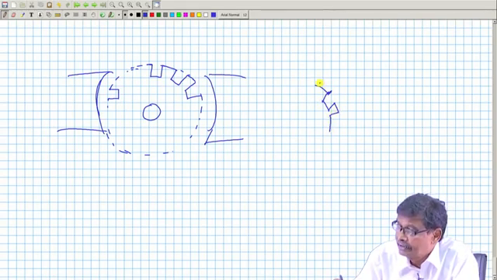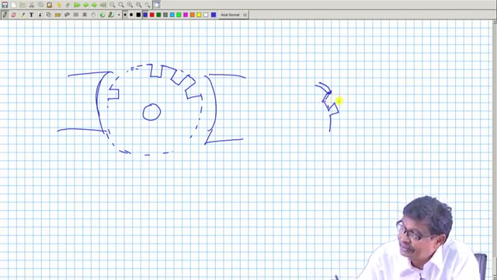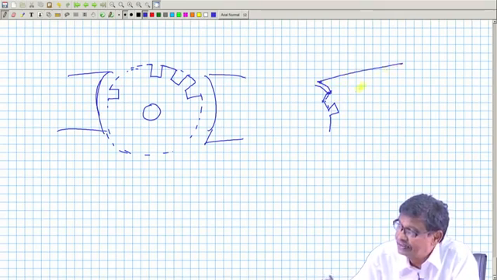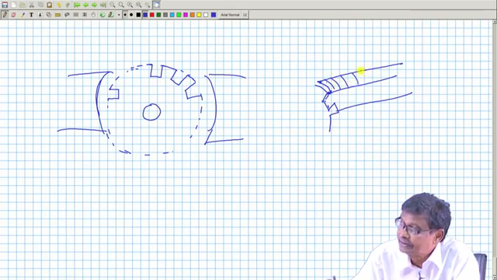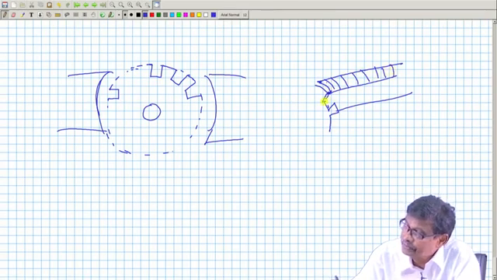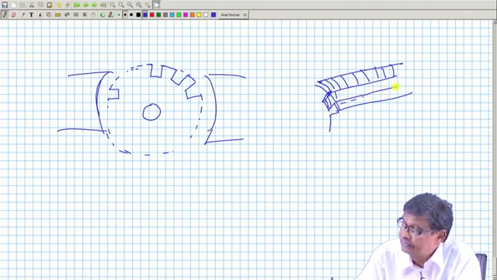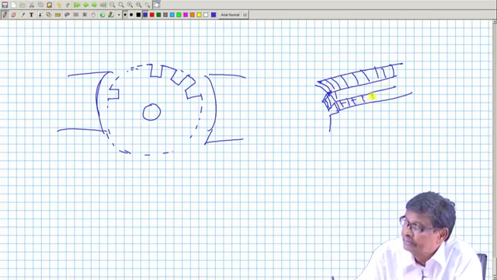This is one plate, this is the next plate aligned, so that the slots are aligned, like that you get the length of the machine. These are the stampings. Are you getting it? Iron stampings, circular plates. I think you have got the idea.